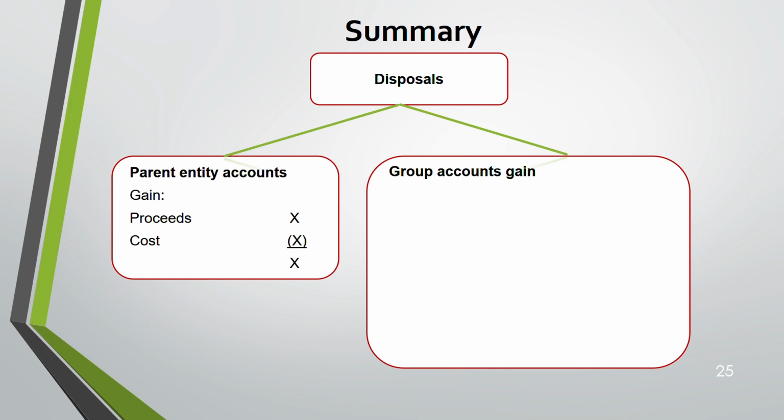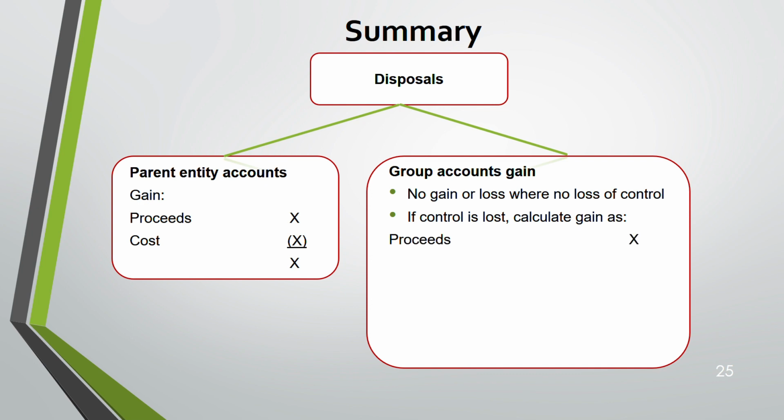In the consolidated group accounts, there is no gain or loss where there is no loss of control. If control is lost, this is how gain is calculated: proceeds, this time plus the fair value of any interest retained. Remember, if you have sold partially, some investment is remaining. That is valued at fair value. They will give you the fair value. So that also you have to add with the proceeds. And if you are selling 100%, you will not have that fair value of any retained interest.